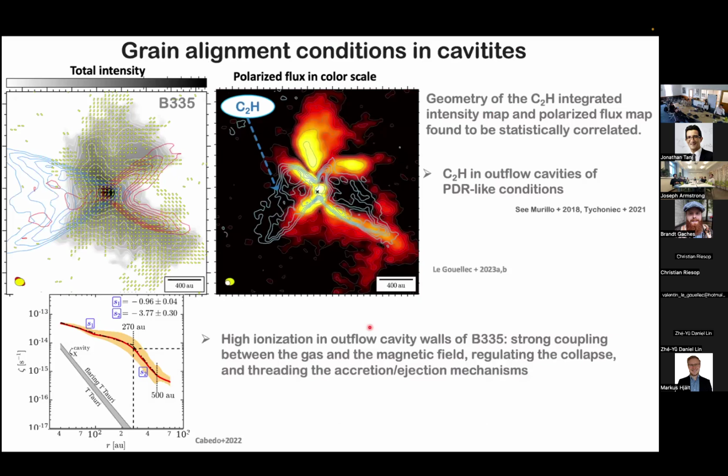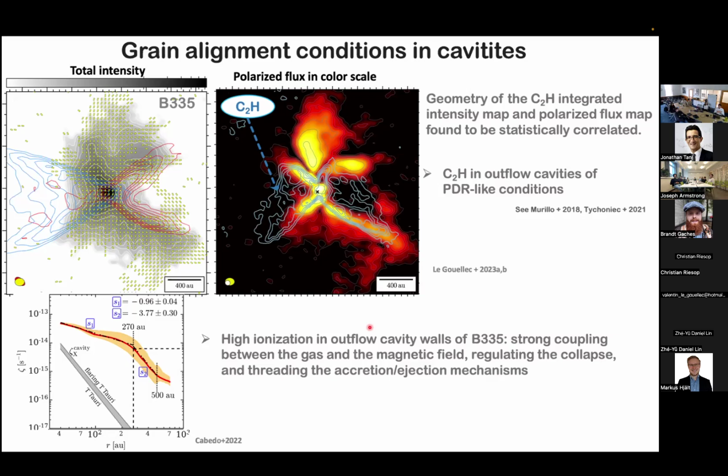Now another thing we've looked at, studying the grain alignment efficiency and the properties of the environment where we see aligned grains, is the irradiation and the level of irradiation, especially in outflow cavities. And again, this is also linked with the global picture, because irradiation here comes mostly from the accretion luminosity and therefore the actual accretion rate onto the center.